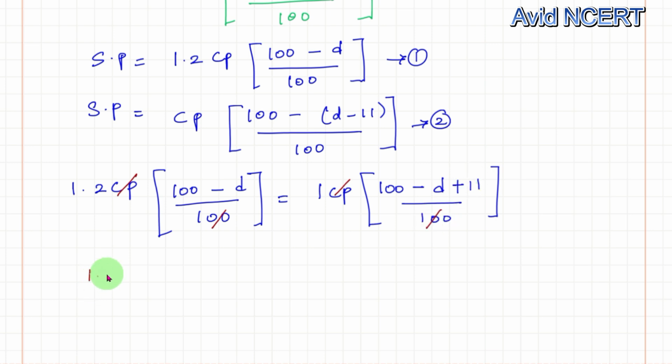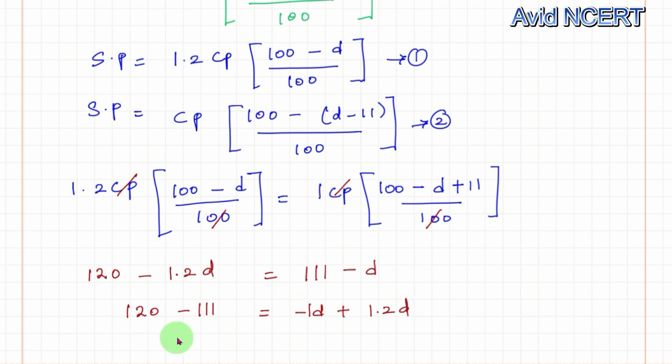So 1.2 into 100 becomes 120, minus 1.2D, equals 100 plus 11 is 111, minus D. Rearranging to find the value of D: 120 minus 111 equals minus D plus 1.2D. So 9 equals 0.2D.